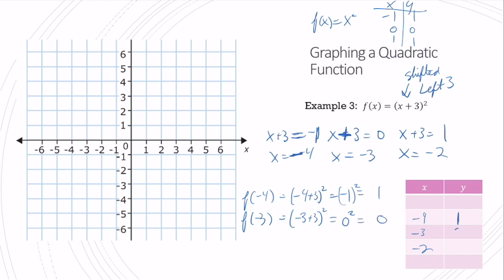And f of negative 2 is negative 2 plus 3 squared, which gives me 1 squared, which is 1. Okay? So here would be our new points. I could find some more. I could see when x is negative 1 and when x is negative 5 and find more points, but you really just need those 3. Notice this is our parent function.